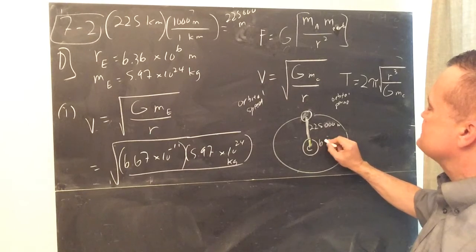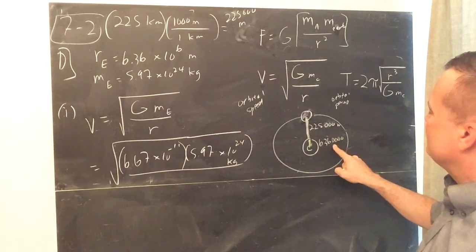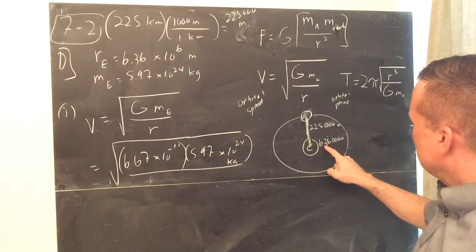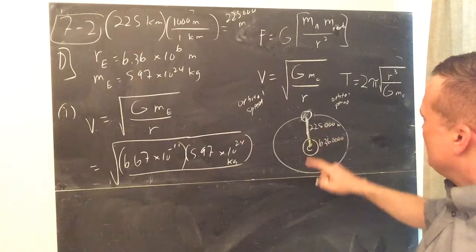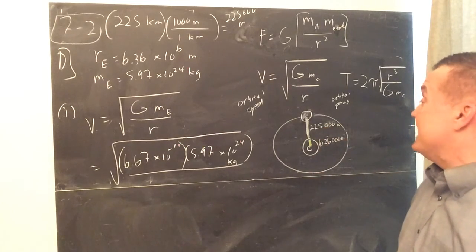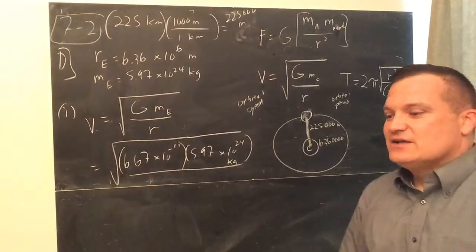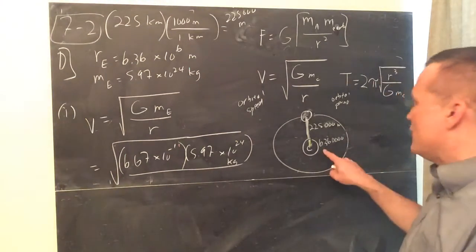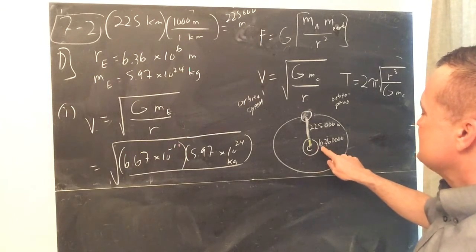You can also write that 6, 3, 6, 1, 2, 3, 4, 5, 6. Wait, that seems to be bigger. Oh yeah, it is bigger. So from here to the center of the Earth is a longer distance. My picture is kind of out of proportion.